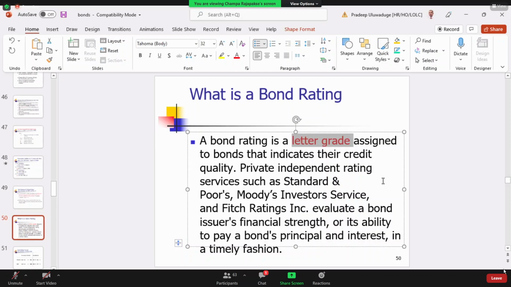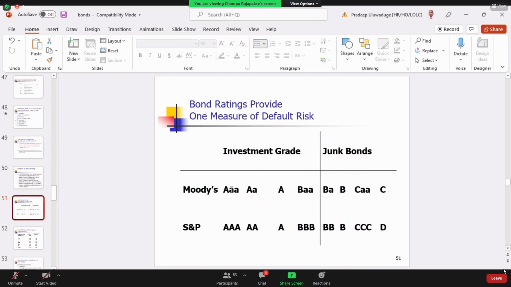So there are independent rating agencies who use a systematic procedure of evaluating firms' ability to pay their debt, the bonds' principal and interest, and based on that, they put you in a classification of a lettered grade. If you look at Moody's, you can divide ratings into two: investment grade and junk bonds.